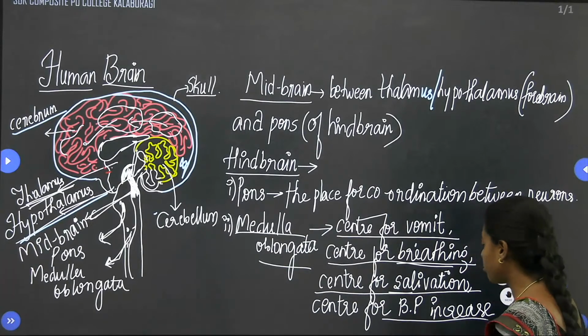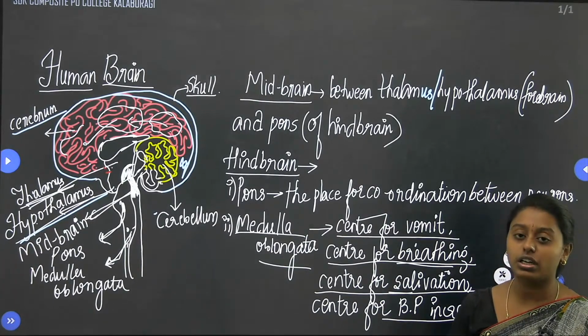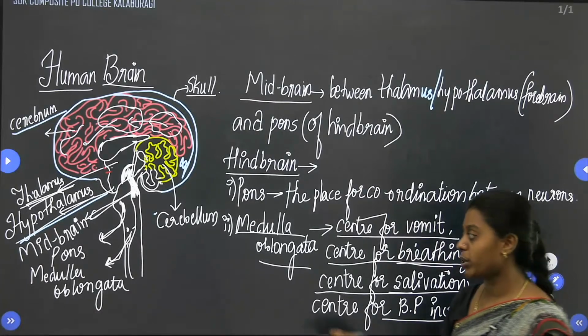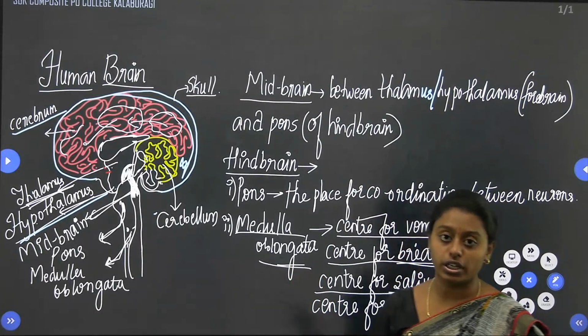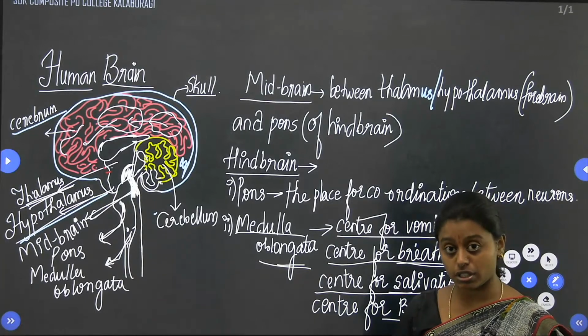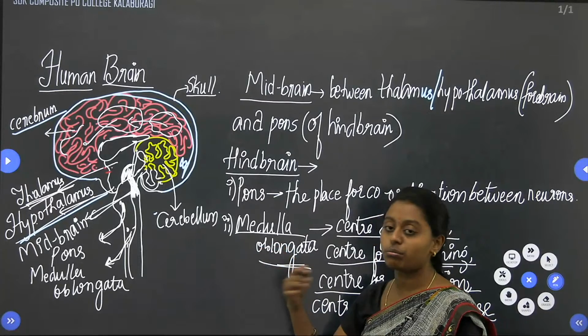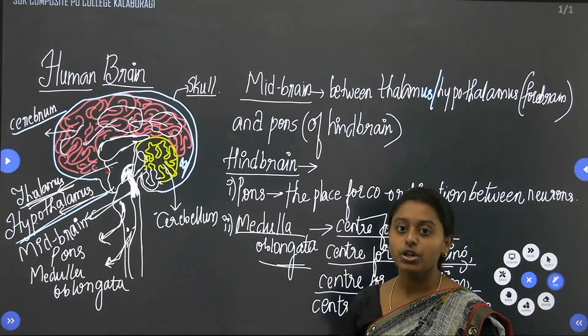The center for blood pressure increase is also present in the medulla oblongata, since the heart rate increasing center is also there, because the peripheral nervous system begins with the medulla oblongata part.